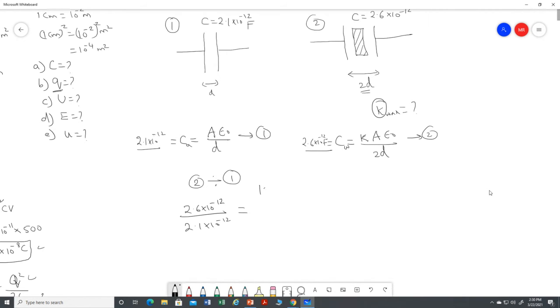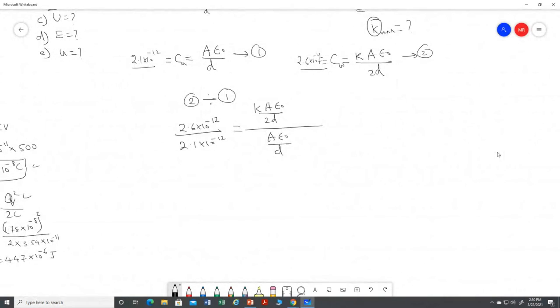So what will you get, my dear? K A epsilon naught over 2D divided by A epsilon naught over D. When you expand this equation, you can cancel the 10 to the power of minus 12. So here you get 2.6 over 2.1, which is equal to K A epsilon naught over 2D multiplied by D divided by A epsilon naught.